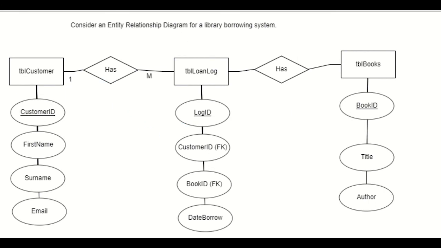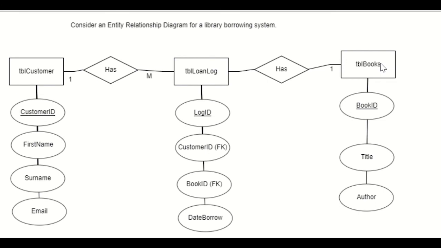Okay, we ask the same questions between the books and the loans. What is the maximum number of books a loan can have? Each loan will only have one book against it. So every loan record will only have one book listed.